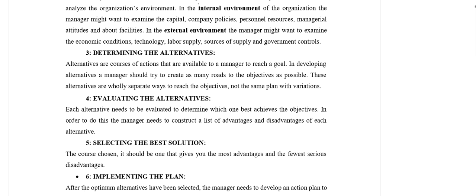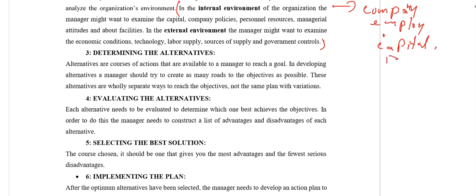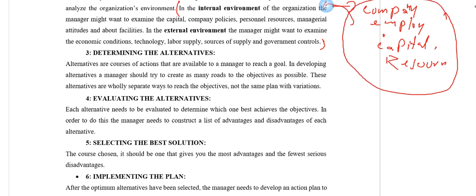And we have seen that there are two types of environment. Number one, internal environment. Environment involves the company itself, the policies of the company, employees, rules, regulations, capital of the company, and other resources of the company. These are the factors of internal environment.